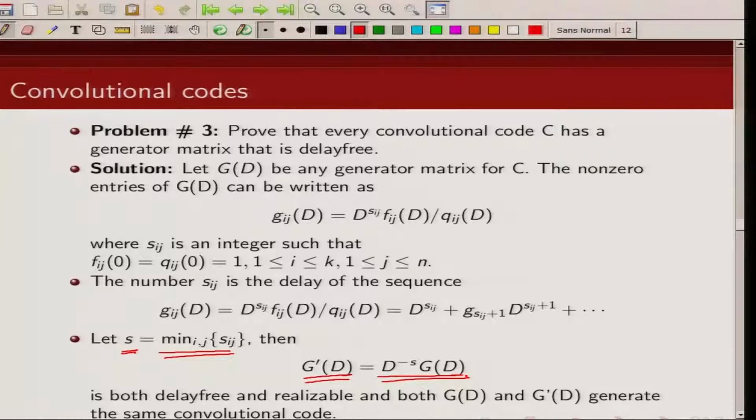So, whenever we have a generator matrix which has a delay term, we can always find an equivalent generator matrix which is delay free.